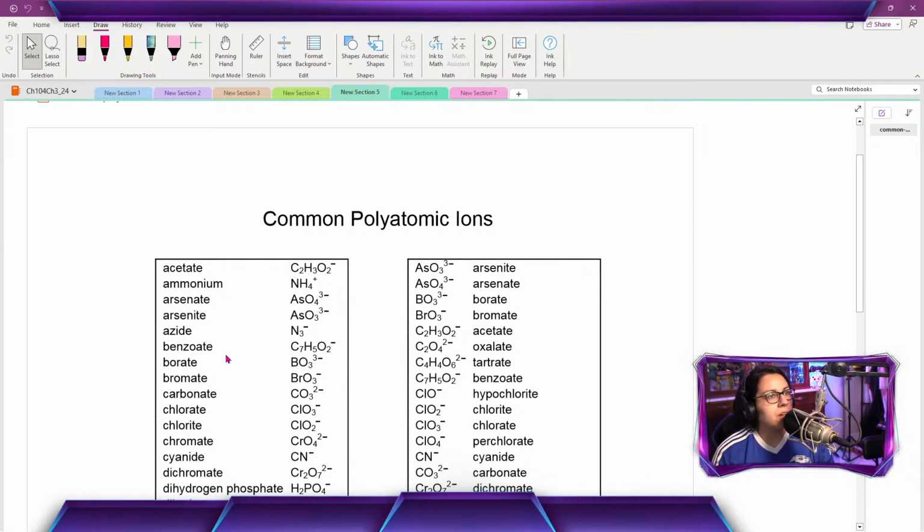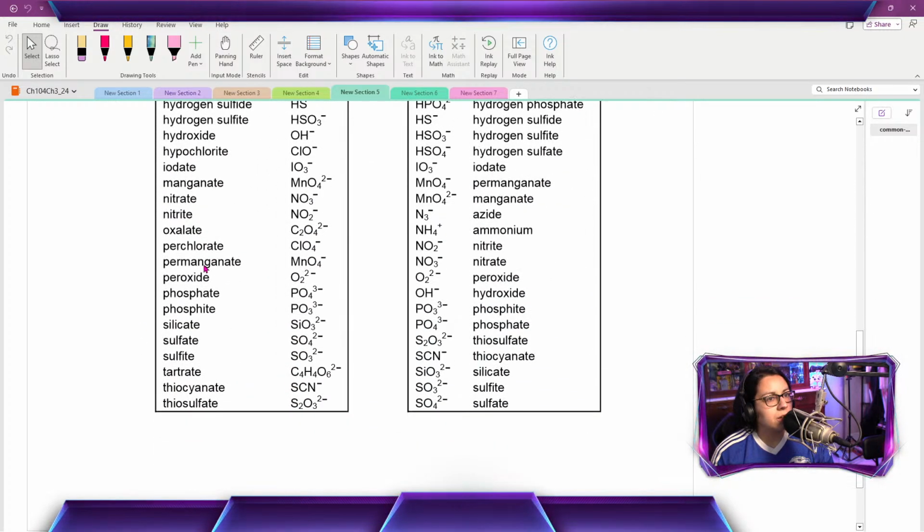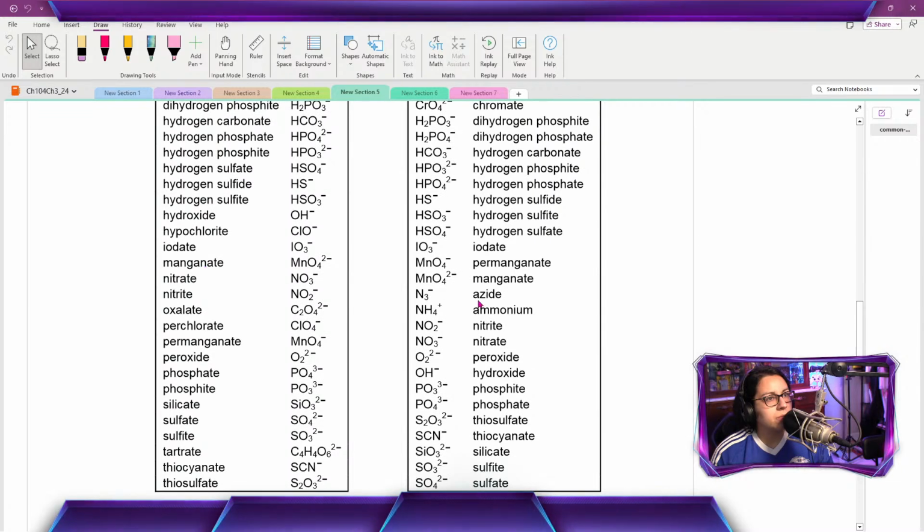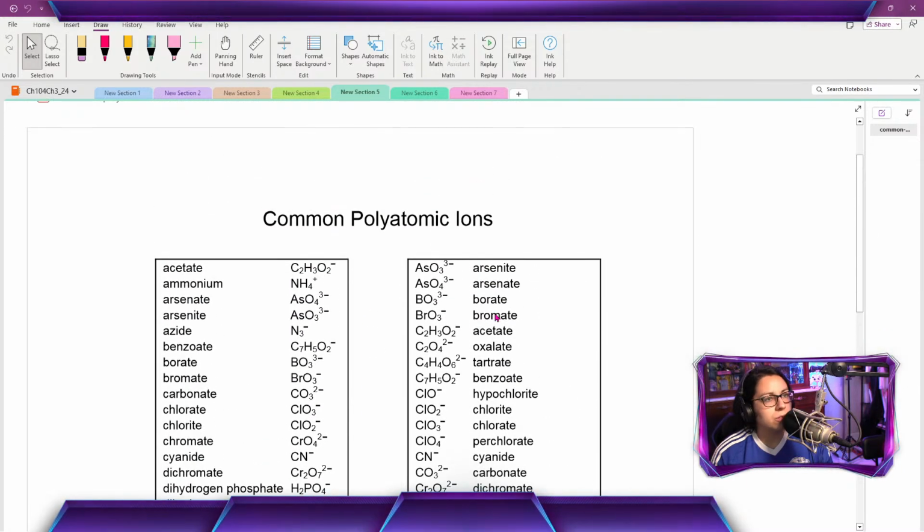I was trying to find acetate on there. So this is a good list.